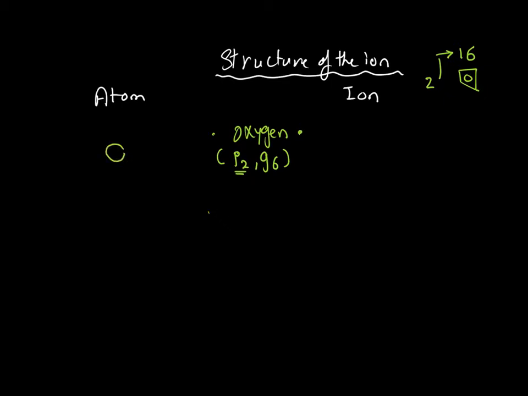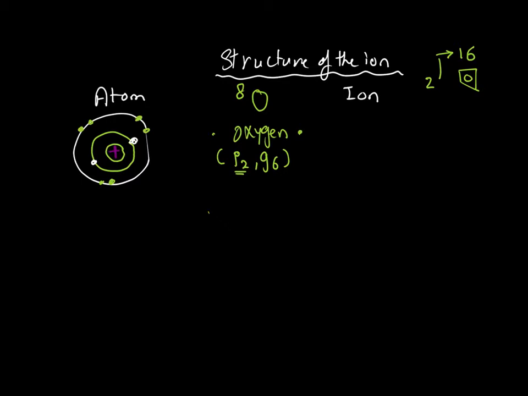So oxygen, first shell, the atomic number of oxygen is 8. So it has 2 electrons in the first shell and 6 in the outer shell. And this is the positive nucleus. This is the structure of the atom.